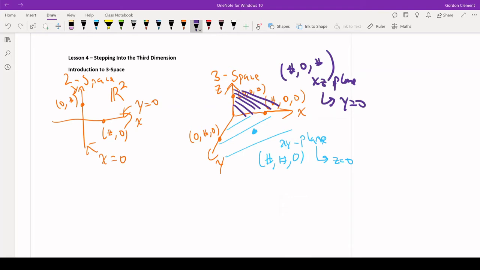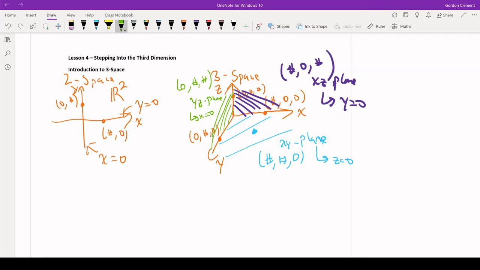And then our last key plane is the YZ plane, and that would be x equals 0. As long as your x is 0, you'd be on that plane. And again, in the room analogy, the xy plane would be the floor, and then the xz and the yz planes would be the two walls. So one where the x value is 0, one where the y value is 0.